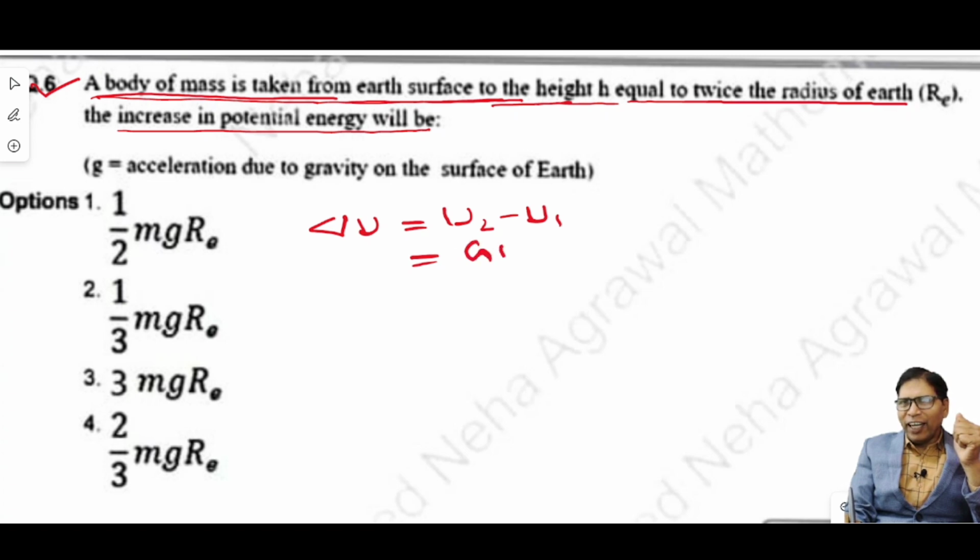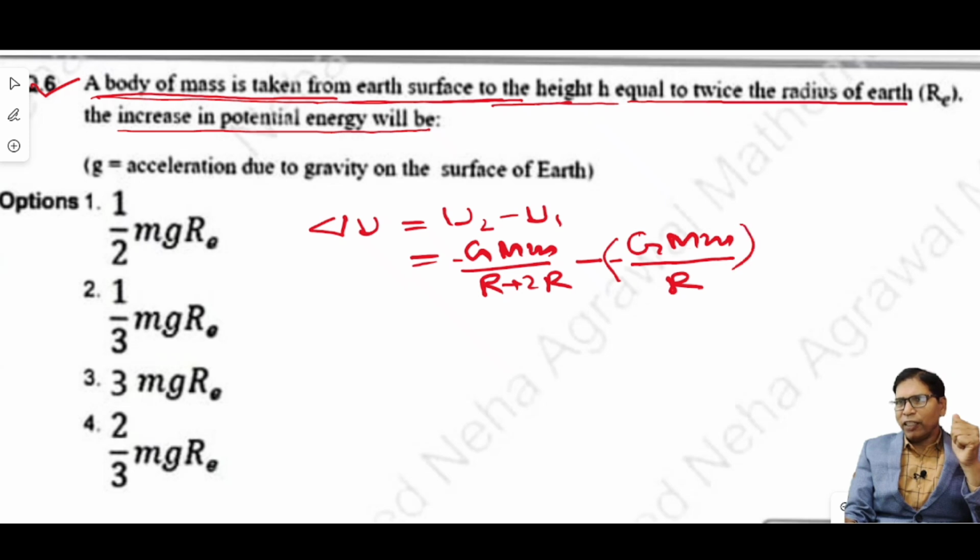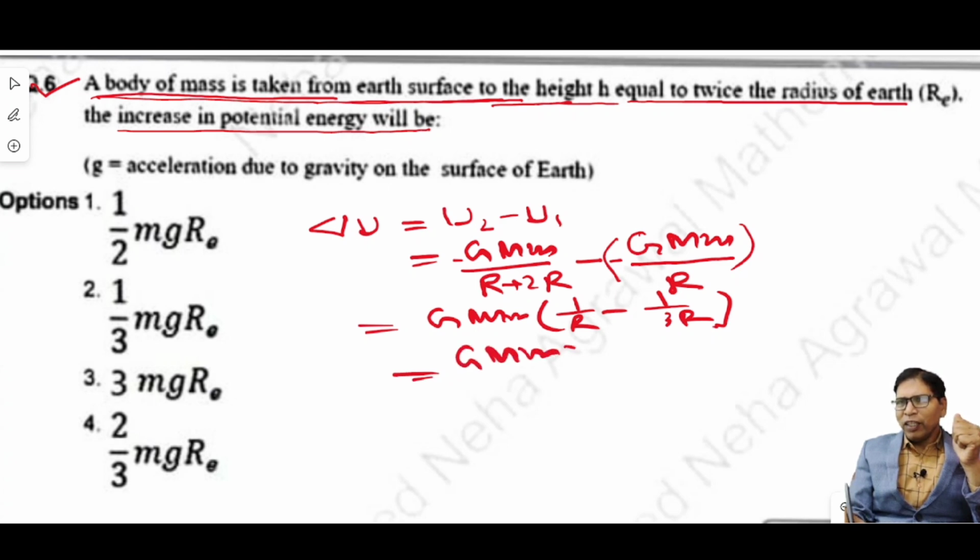This is minus GMm divided by R plus h, where h equals 2R. Now minus the potential energy on the earth's surface, which is minus GMm by R. So you get GMm times (1 by R minus 1 by 3R). Now this is GMm times 2 by 3R.